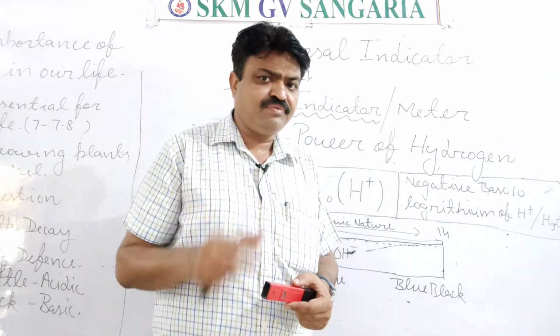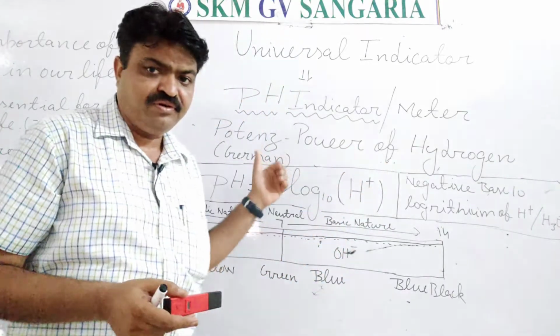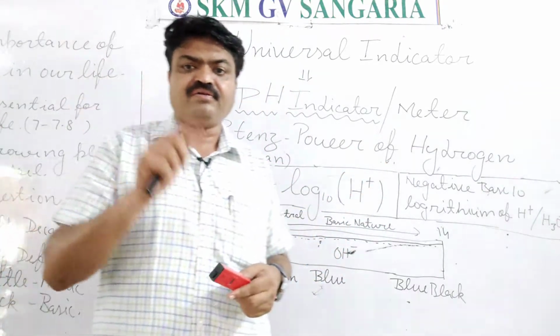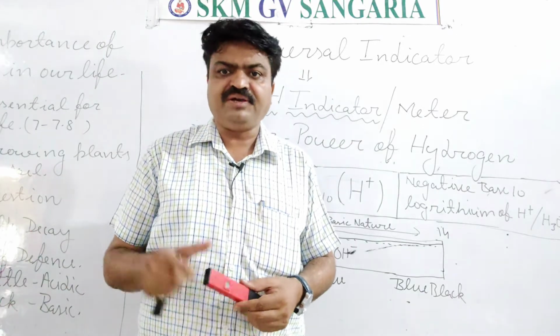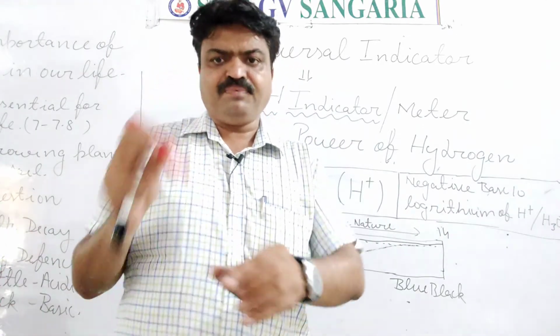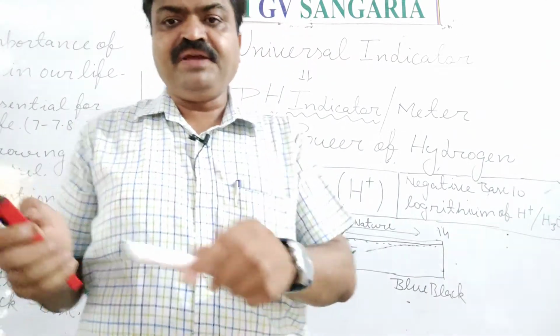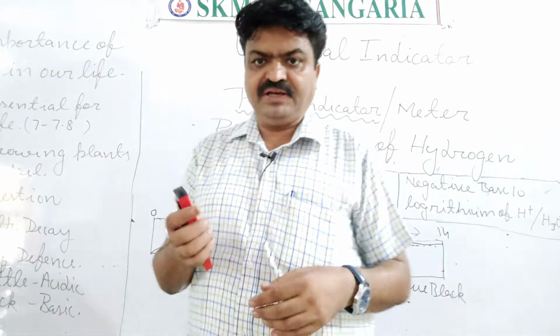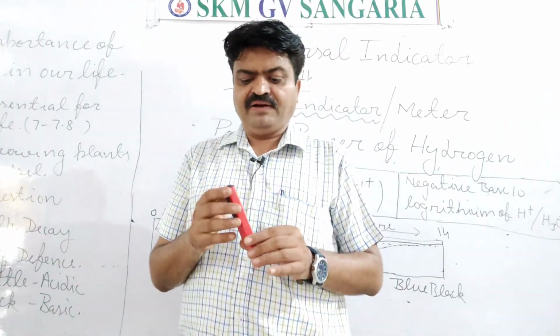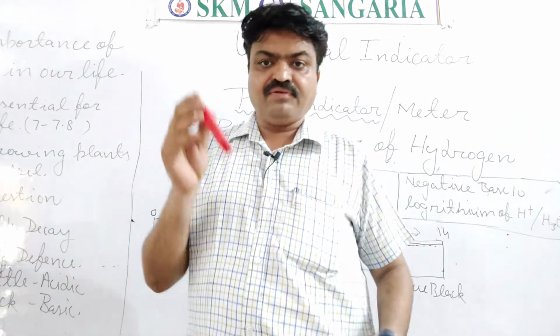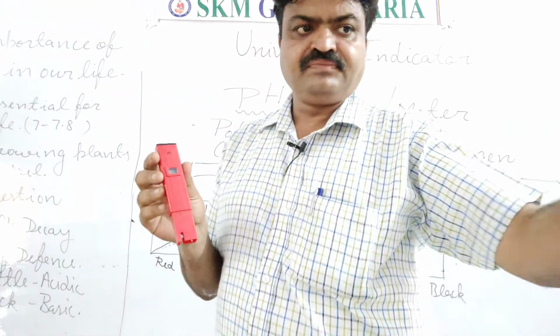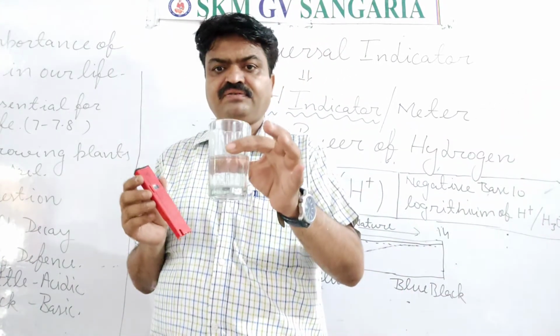So with the help of the pH or with the help of universal indicator we can know the nature of chemical substances. Like with the help of this, student, this is a pH digital meter, and with the help of this we can know the nature of this water.